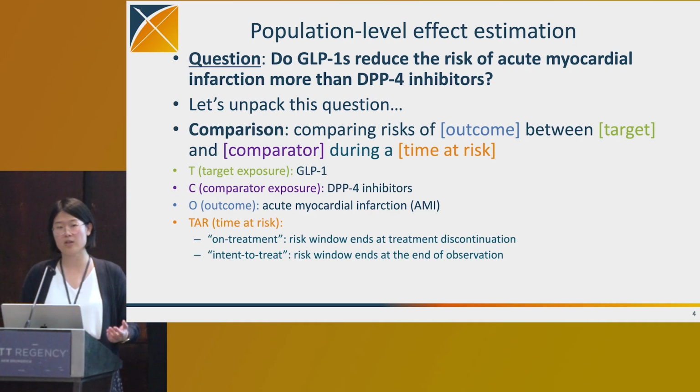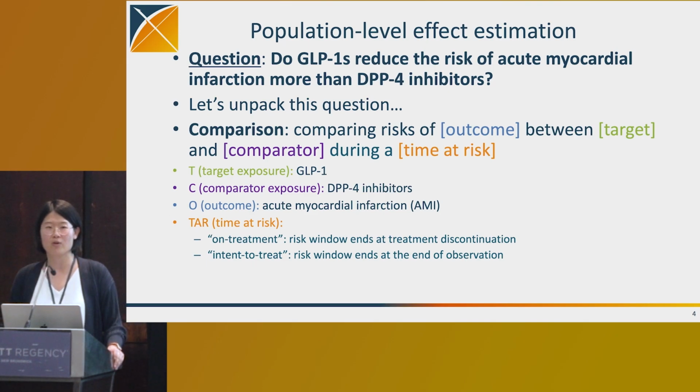If you have an EHR database, if you observe a patient for 5 years, you identify when they start taking GLP-1s, and so basically it's a once on, always on kind of approach. Once they start the treatment, you don't care what really happens afterwards. You treat the end of observation, like their last clinical encounter, as the end of your follow-up period.